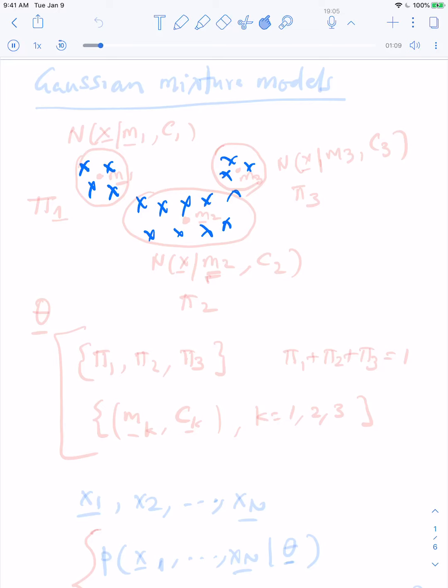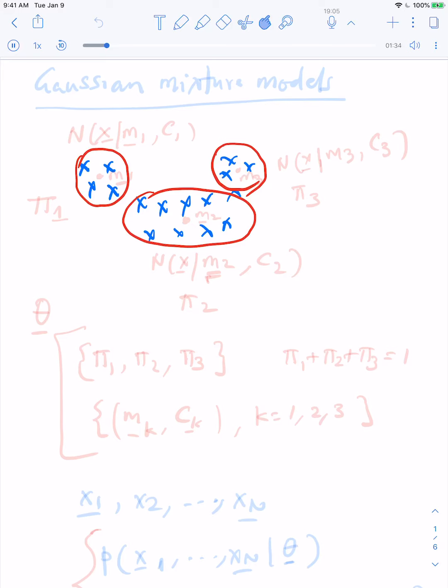But you can see that I can think of this as potentially being generated from one Gaussian density, which looks like it's fairly symmetric. These set of points could be thought of as coming from another Gaussian density, and perhaps these come from another, right?